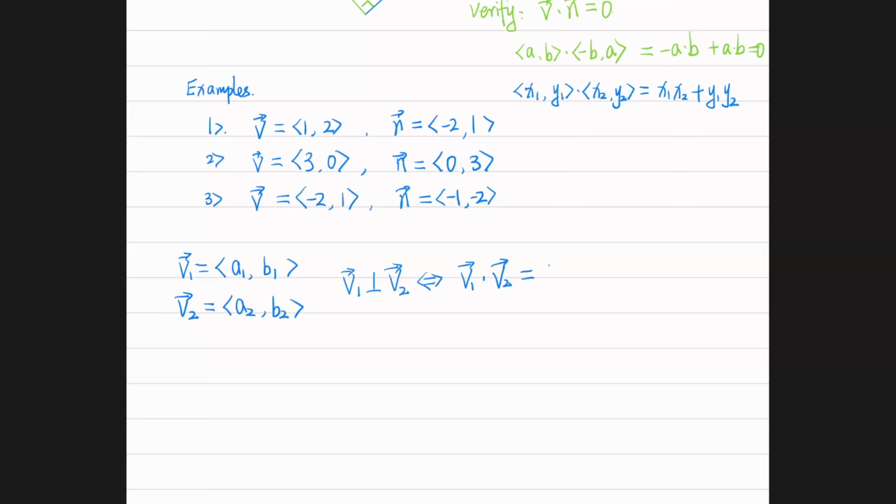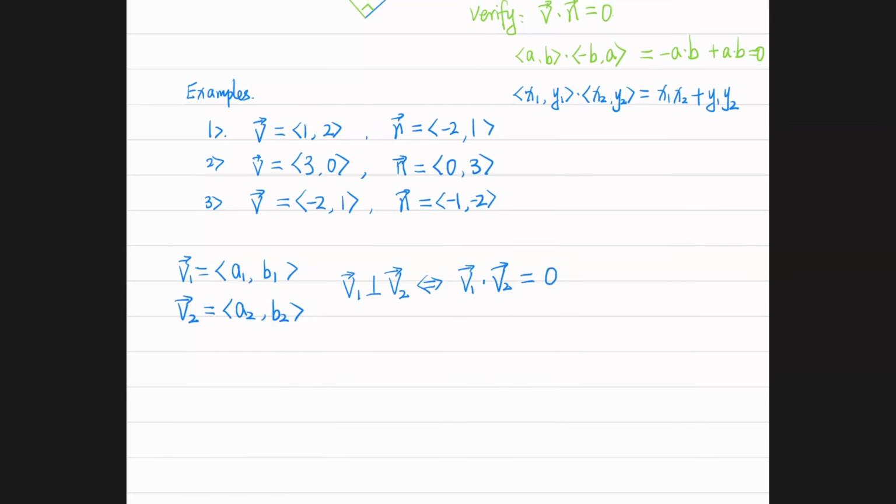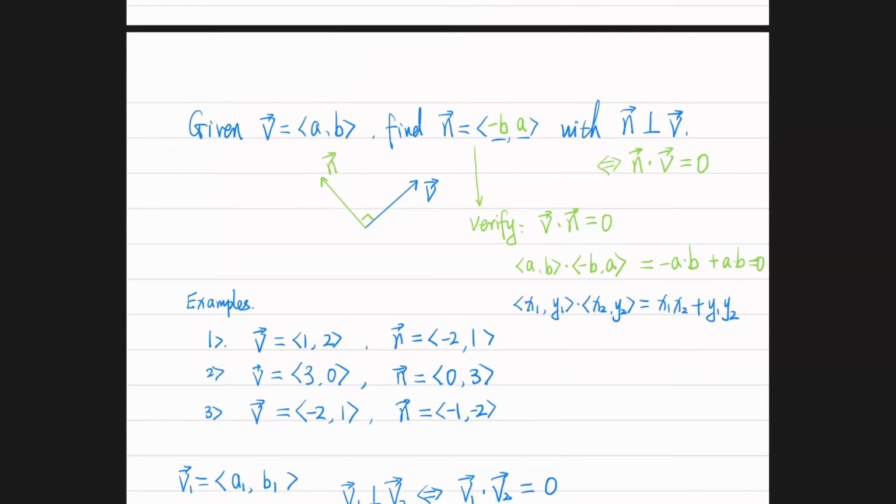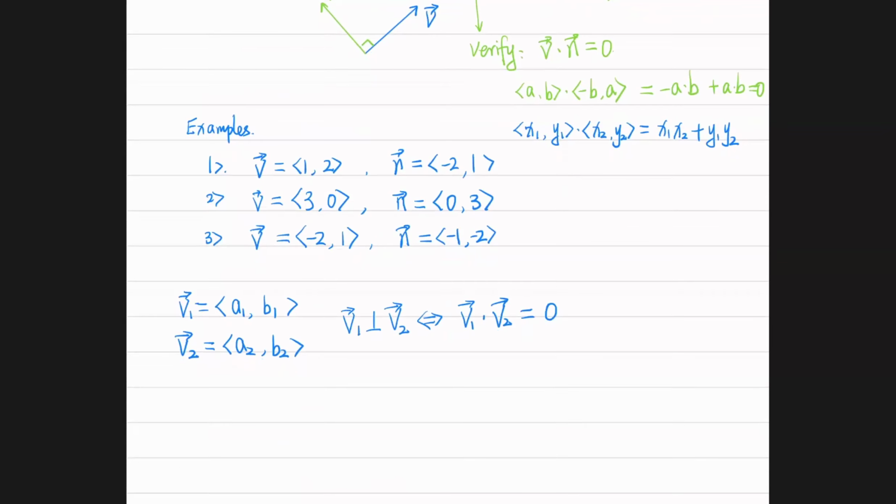In this question, we assume both slopes exist. For this one, the slope will be B1 over A1.